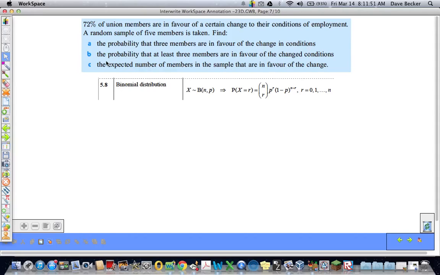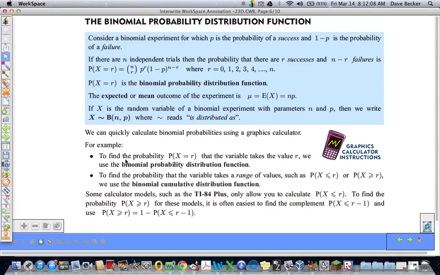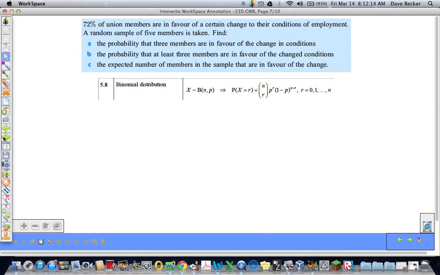Part B: the probability that at least 3 members are in favor of the change in conditions. Specific, range of values. Specific, cumulative. Let's go back to the previous slide. Specific, cumulative. How do we differentiate that on our calculators?